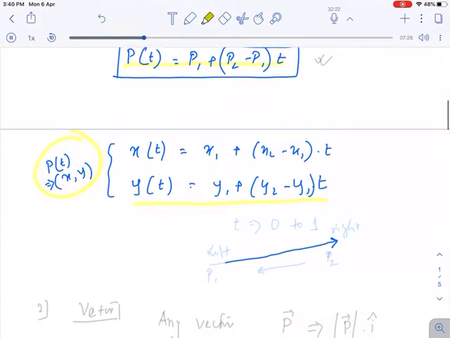Now it is very clear, since t is going from 0 to 1, I am getting a line from 0 that is left to right. So the direction of the line is like that. If I draw the line from 1 to 0 or 0 to minus 1, whatever, I will get the negative direction.